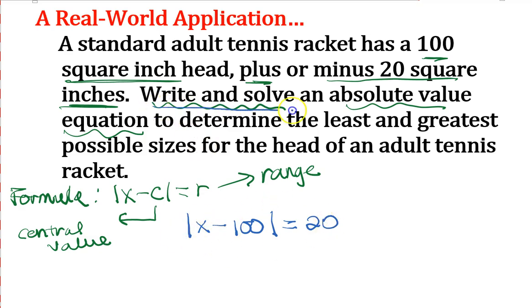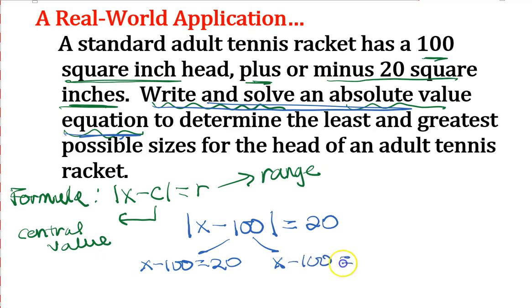This is the first part of what we want to do up here. We're going to solve it now by writing our two scenarios. x minus 100 equals 20, and x minus 100 equals negative 20. And that's going to lead us to solutions that are positive 120 and 80.